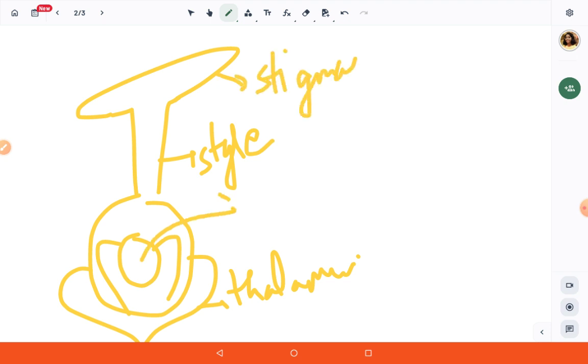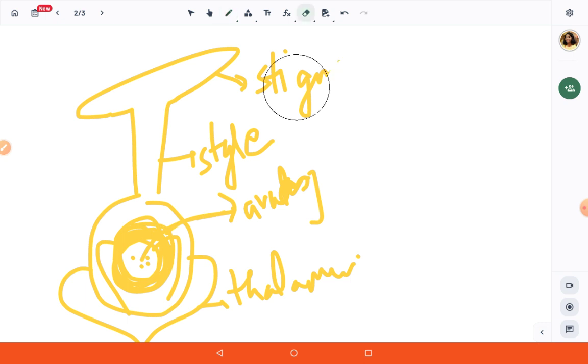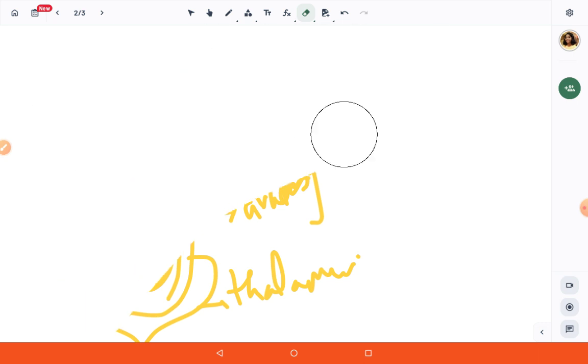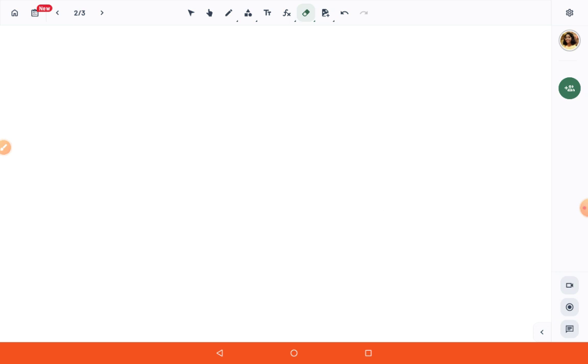Then we saw that here we had the ovules, correct? Now this part, this ovary, in the ovary we had ovules. Now this ovary, I'm going to magnify it and tell you here, okay? I'll just erase it.